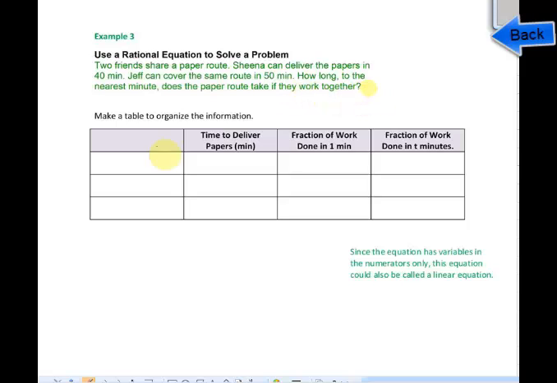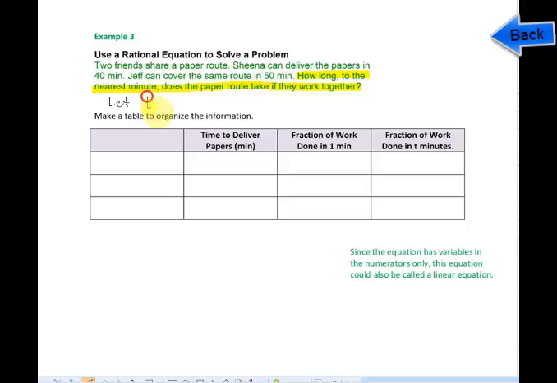Okay, so it's helpful to have a table to organize your information. It's not necessary, but it's helpful. If we take a look at the question, how long to the nearest minute does the paper route take if they work together, then we know that our let statement is going to reflect that question.